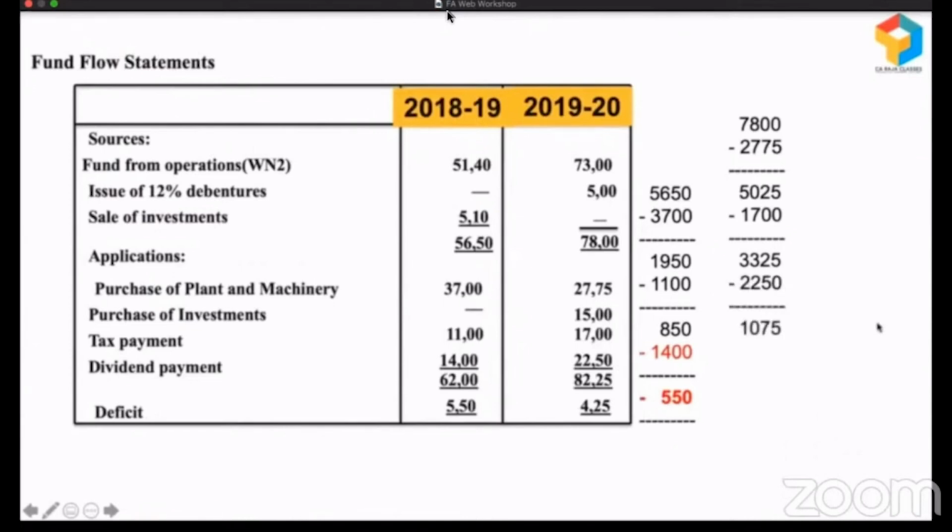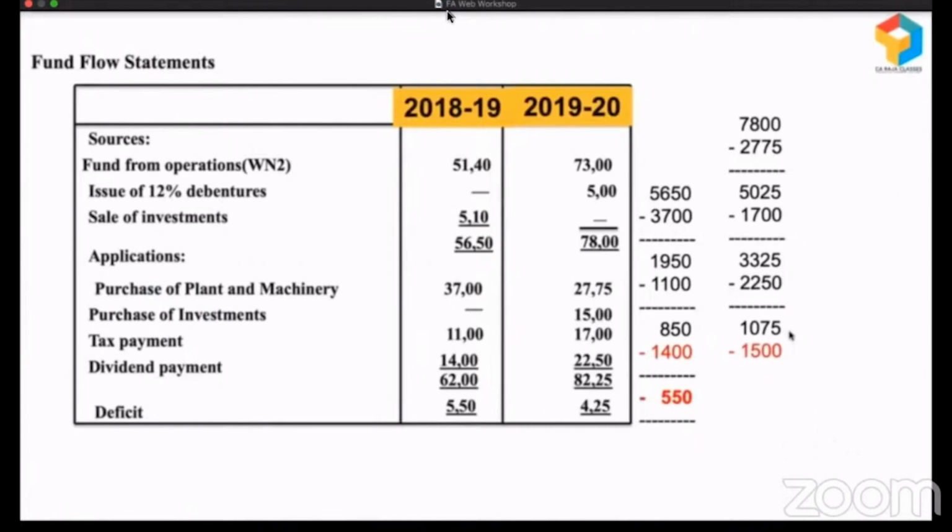1,075. At this point, they should have put a brake. But what they did, they went and purchased an investment of 1,500 when they are left with funds of only 1,075. This is the grave mistake which they should not have committed. 1,075 is the surplus, and 1,500 is an investment not in their business.